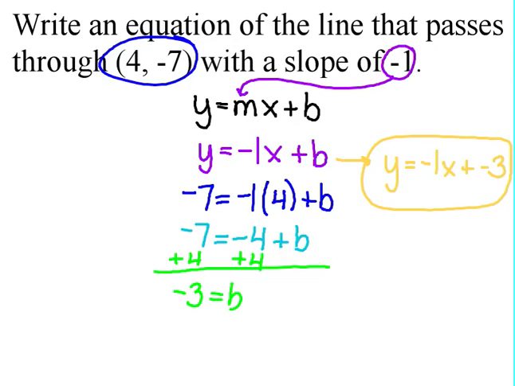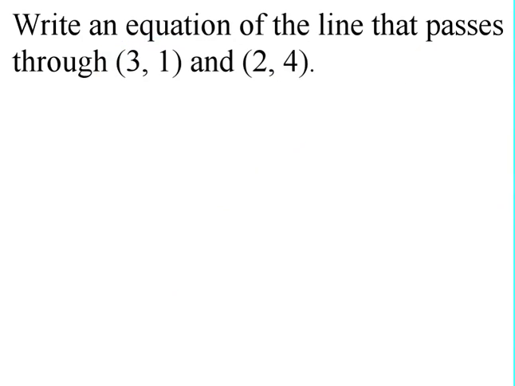Okay. So now let's look at this problem right here. Write an equation of the line that passes through (3, 1) and (2, 4). So as you're writing this down, I want you to think, okay, how is this different from the previous problems?